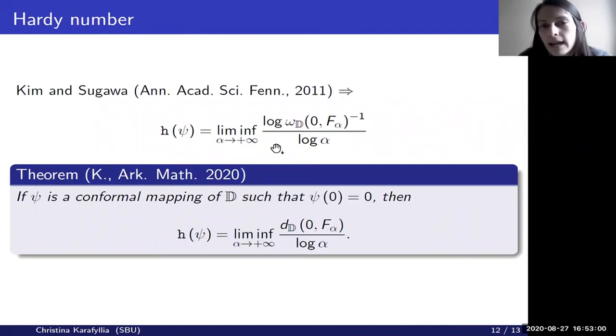And the second way is to compute this lim-inf and find the Hardy number. In both cases, we only need to study the geometry of the simply connected domain D and estimate the harmonic measure or the hyperbolic distance. And then, as I told you before, there are several ways to do this.